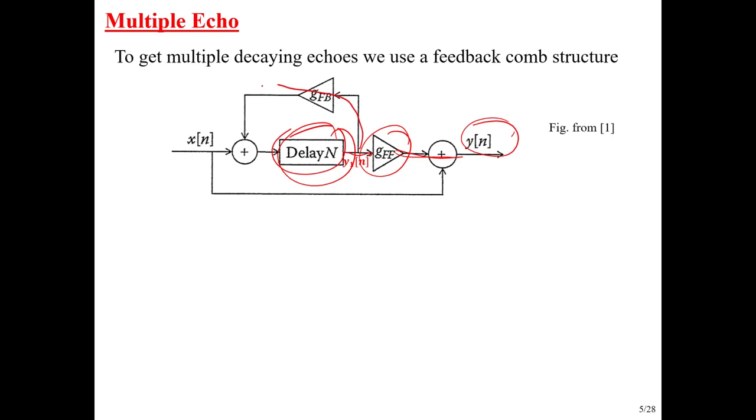But we're also feeding it back so it goes through the delay again. So this is the hello, hello, hello, hello. And the amount of delay that you have there will determine the time spacing between those repeated hellos.